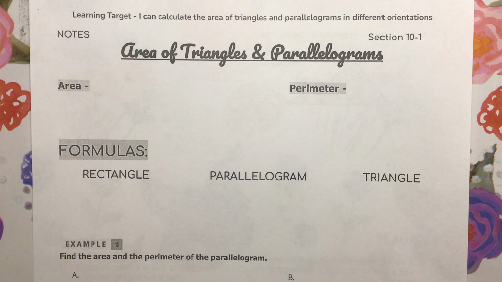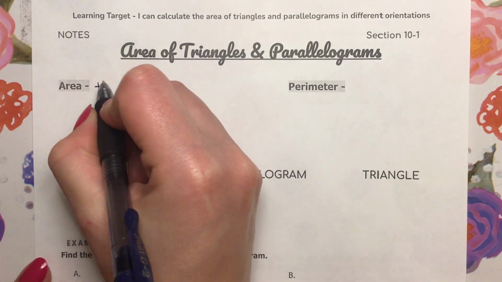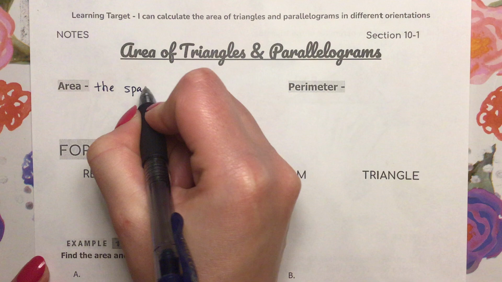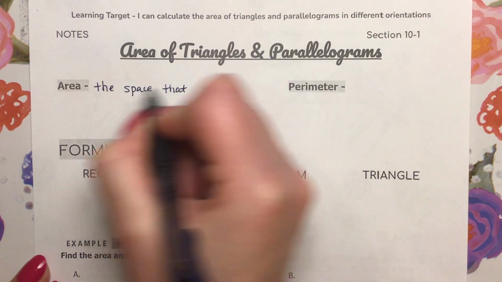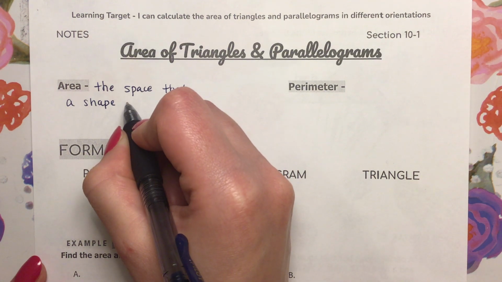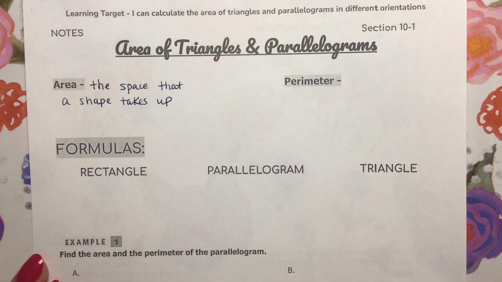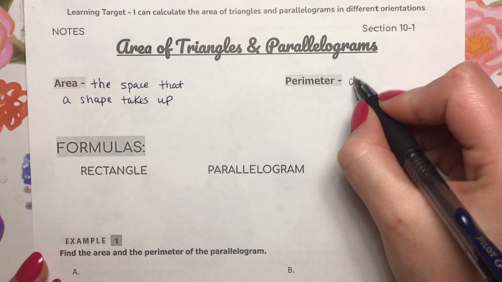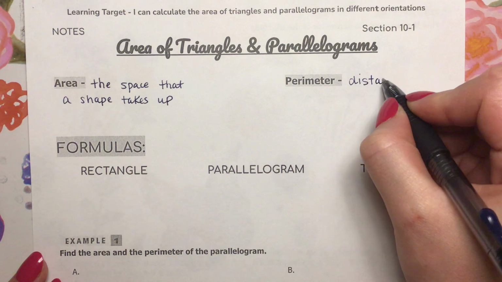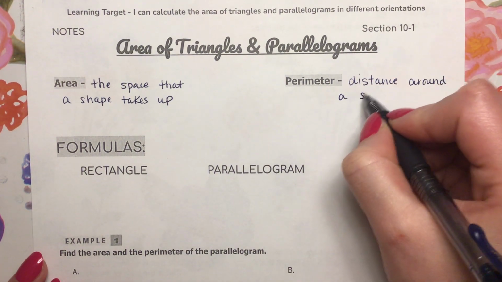So, first of all, what is area and what is perimeter? Because we're going to be calculating both of those today. Area is the space that a shape takes up, while perimeter is going to be the distance around a shape.